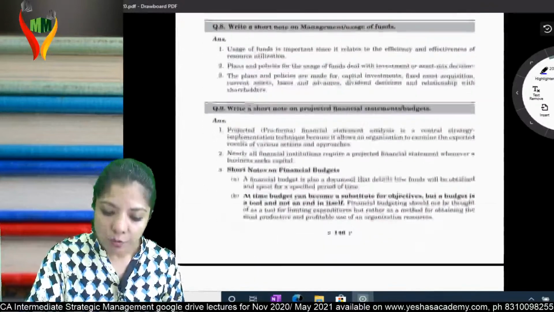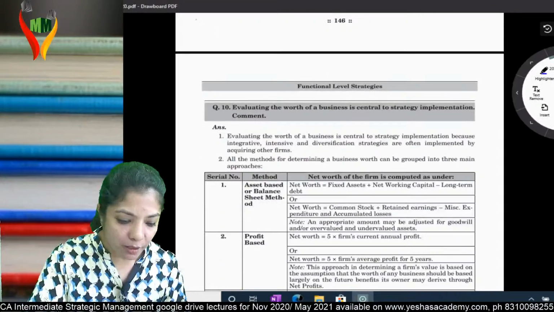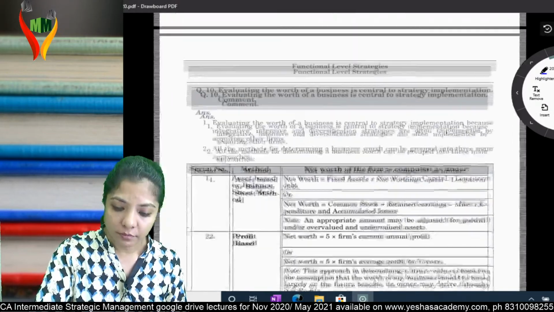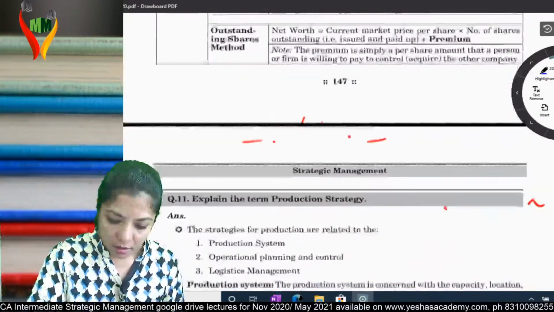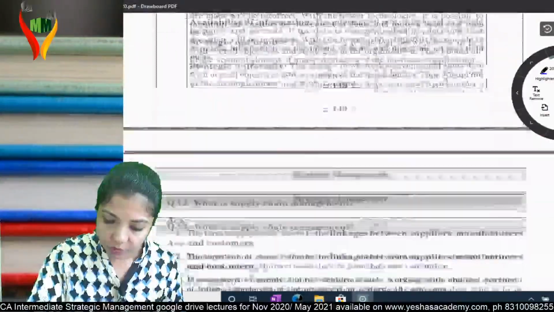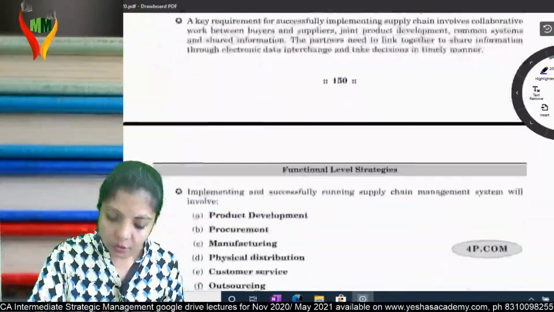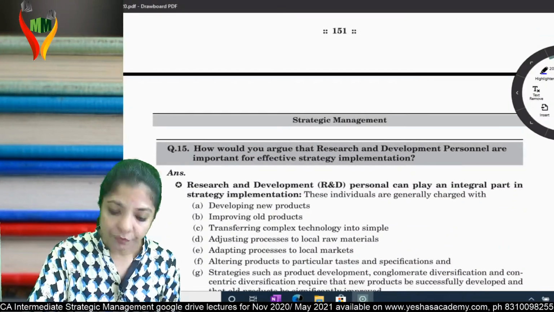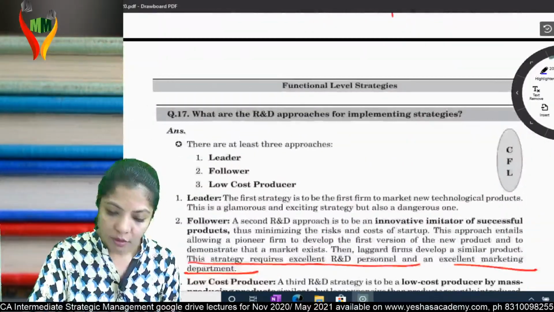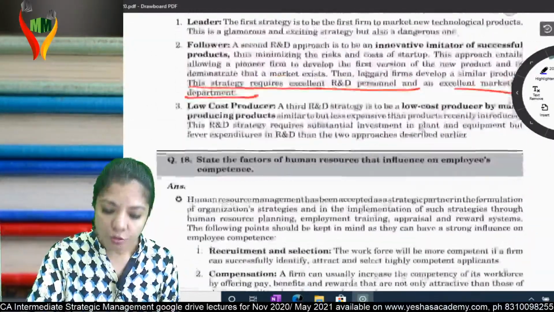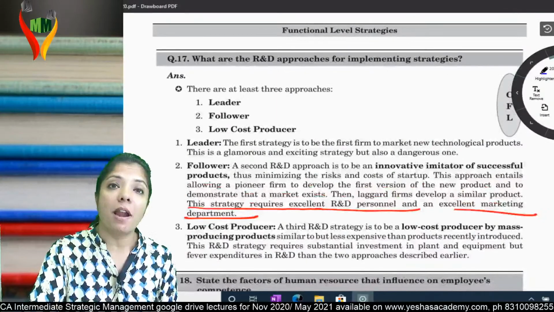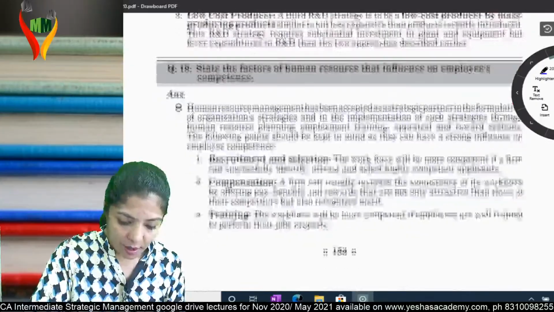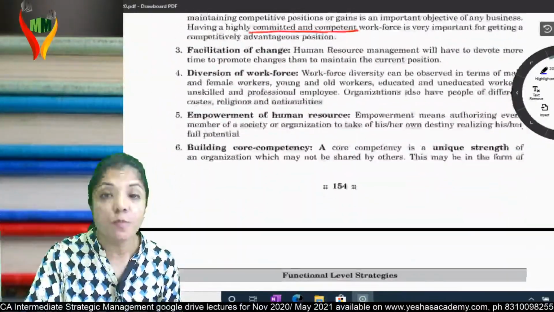Then 6 to 10 is part 3. 11 to 14 is part 4. 15 to 17 is part 5. And 18 and 19 is part 6.